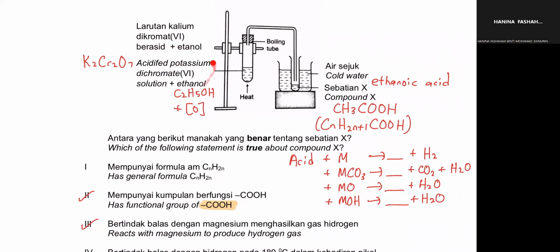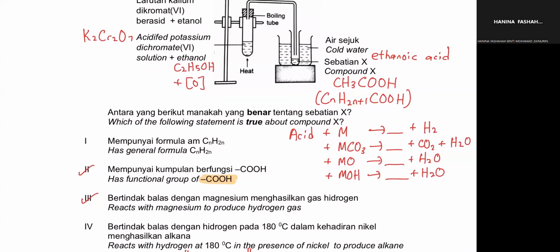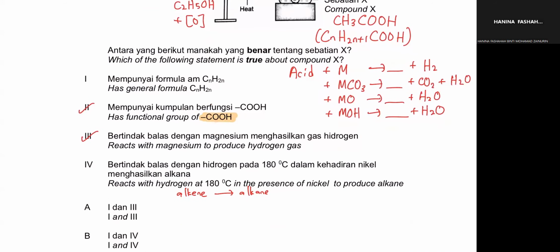They undergo oxidation to become ethanoic acid. Alcohol becomes ethanoic acid through this. So ethanoic acid has COOH, a chemical property of acid, they react with metal to produce hydrogen gas.